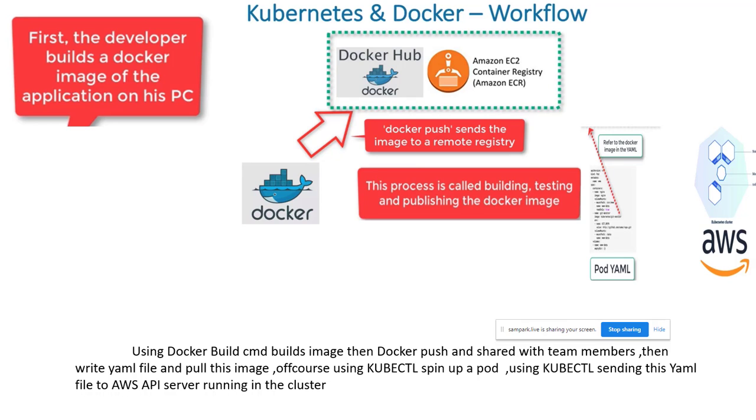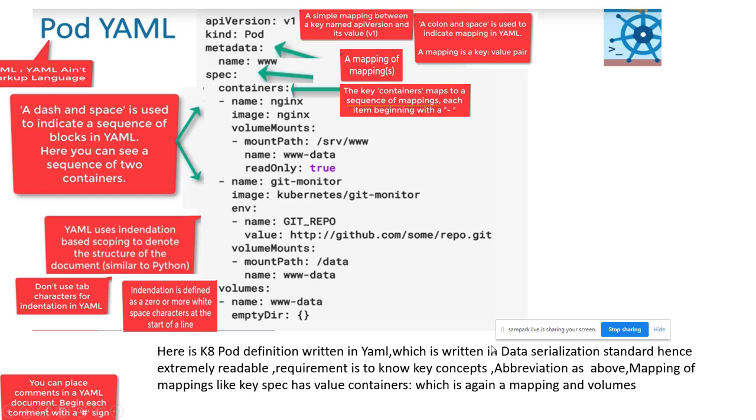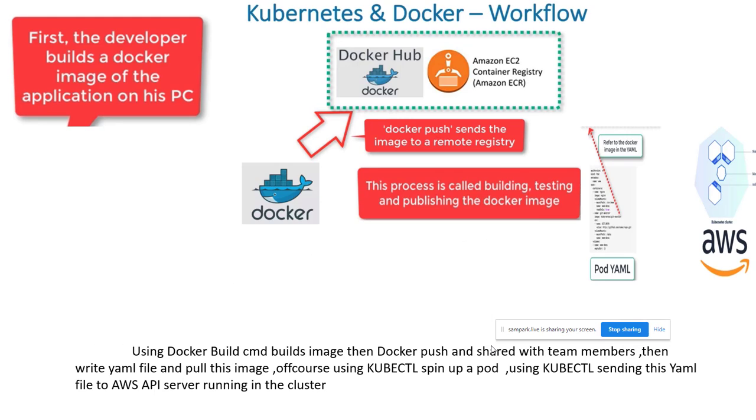What kubectl does is it sends this YAML file, which we have developed in this example, to the API server, which is actually running in the cluster.